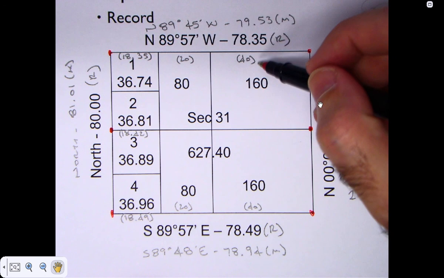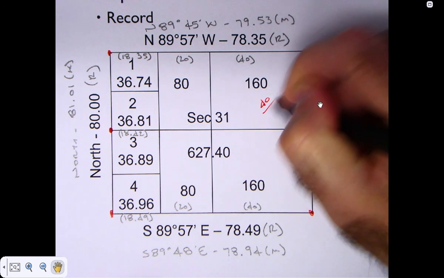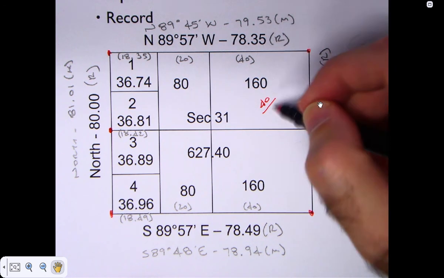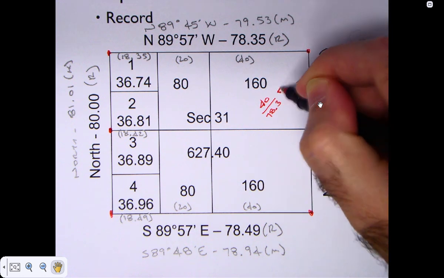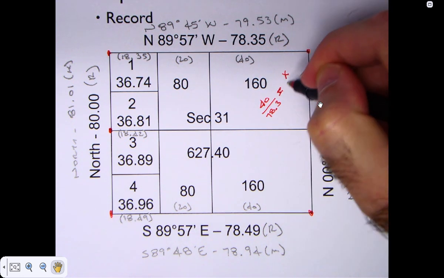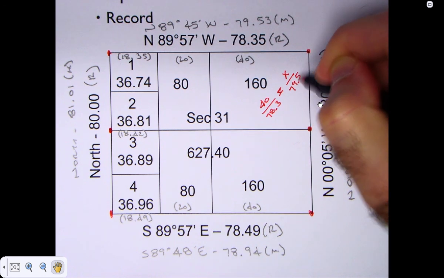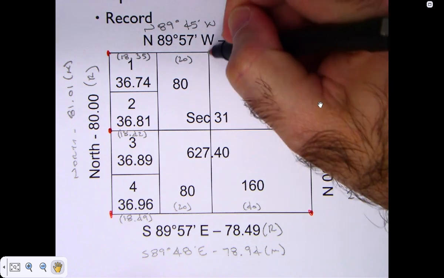You set up a ratio and proportion. This first one, 40, which is the record, is to 78.35. X is to the measured, 79.53. You figure that out, and that's the distance along this line to where you set your north quarter.